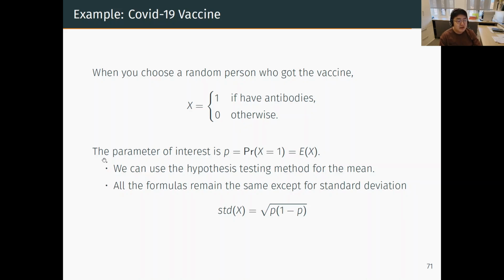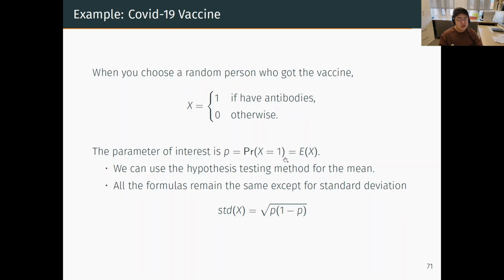So the parameter we are interested in is the success probability of this binary variable, which equals the mean by a property of the binary distribution. You may remember. So we are interested in the probability, but you may interpret that as a mean. That equals the mean. So we can apply the hypothesis testing method for the mean. That's how we justify our application.